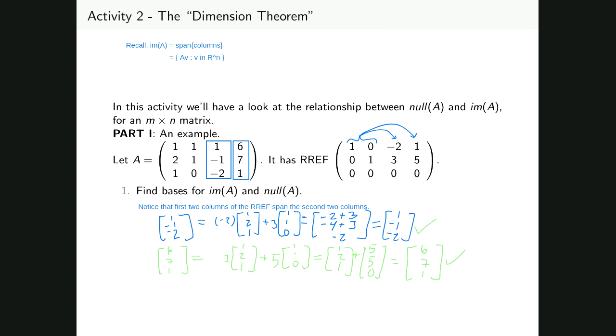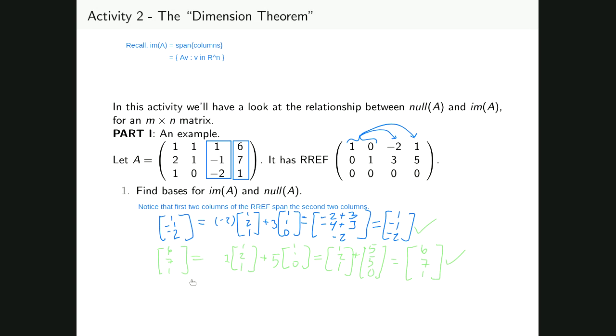So this is telling us that this notion of linear combinations is really working for us, and we can write these second columns as linear combinations of these first columns.